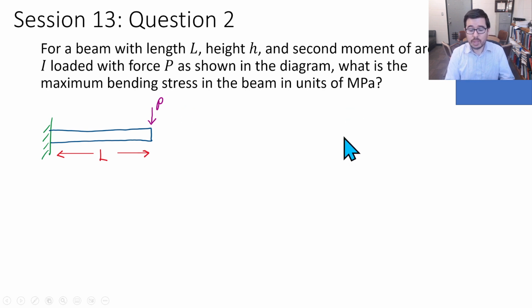Take some time, use the relationships we just discussed to see if we can pinpoint where that maximum bending stress should be. Hint, hint, it's where the maximum bending moment might be, okay?